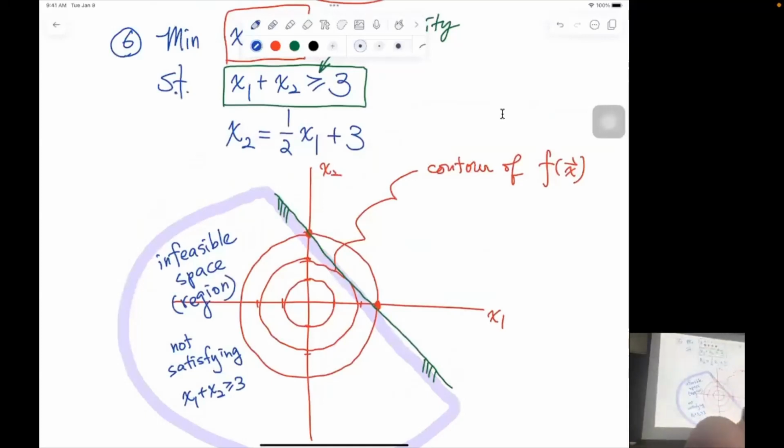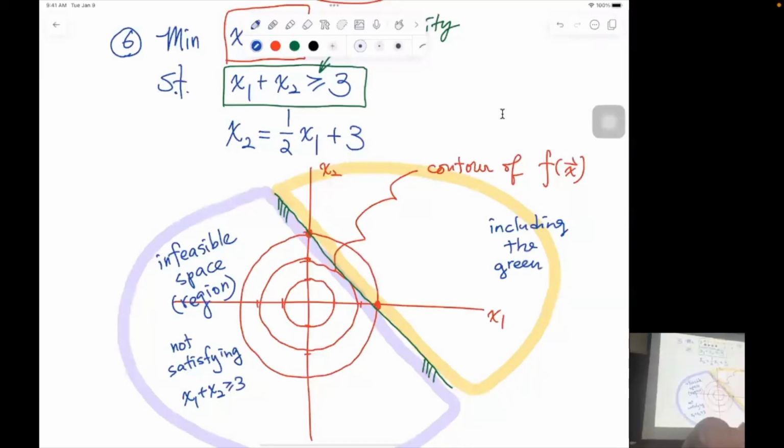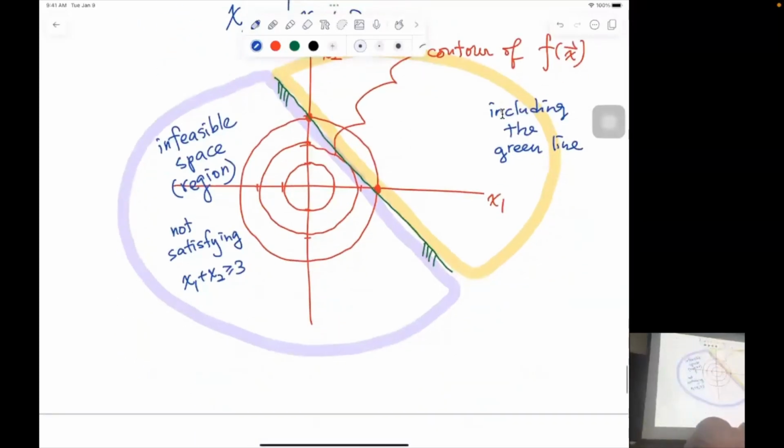On the other hand, the other half right here, including the green line, satisfies x1 plus x2 larger than or equal to 3.